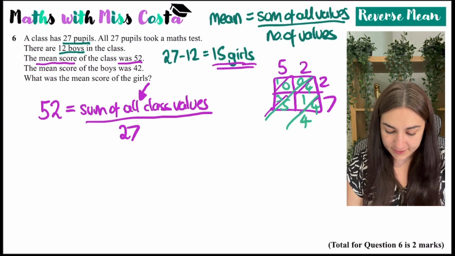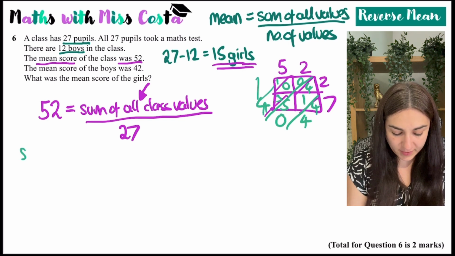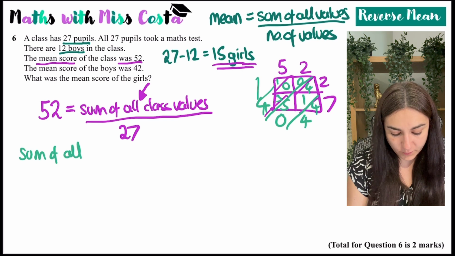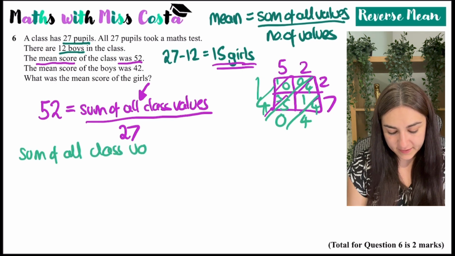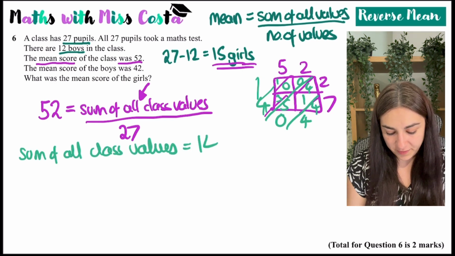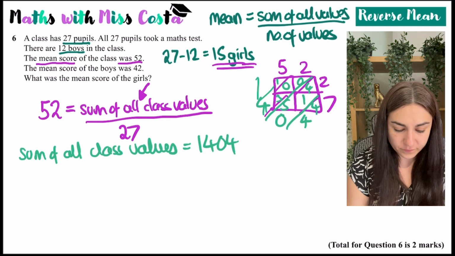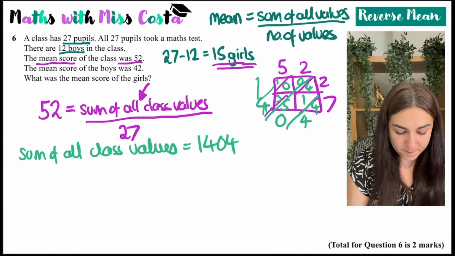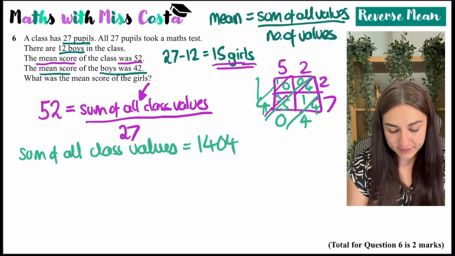Add the diagonals, that will be 4, 10, 4, 1. So I know that the sum of all the class values is 1,404. I'm then told that the mean score of the boys was 42.